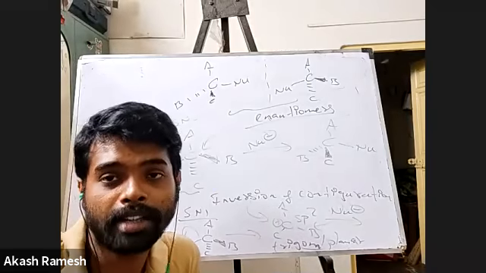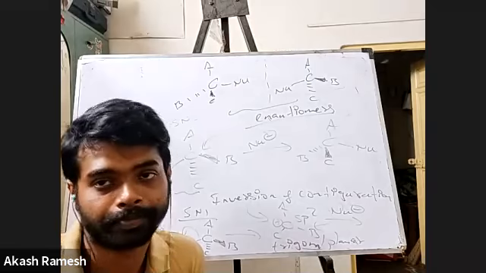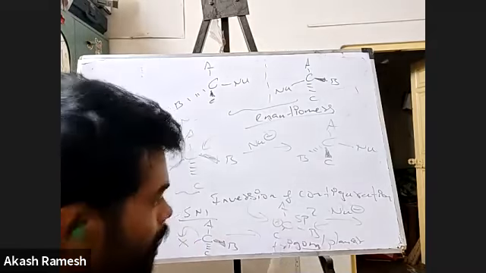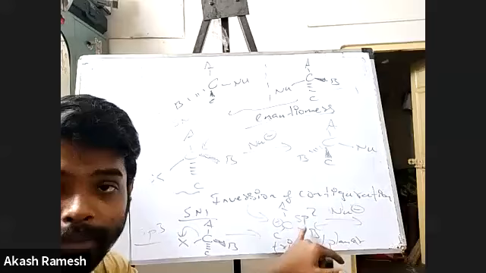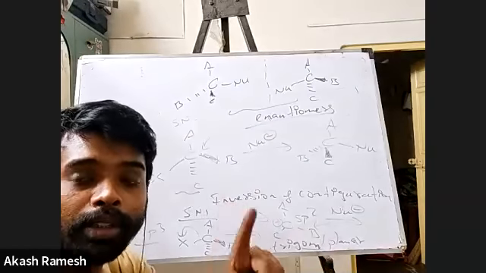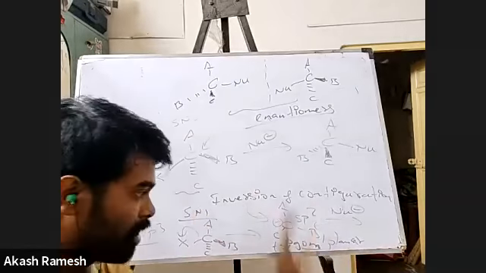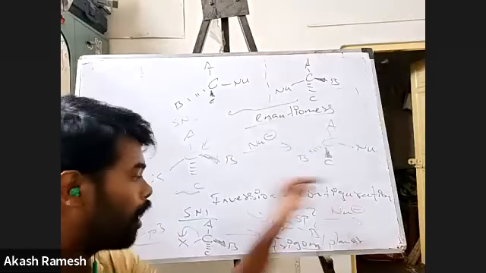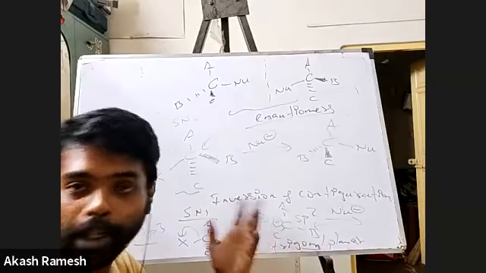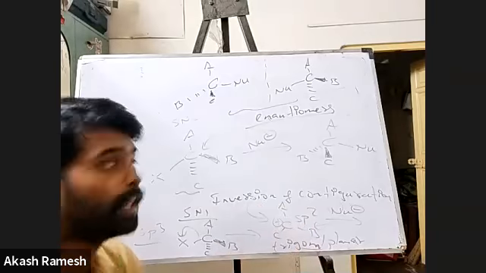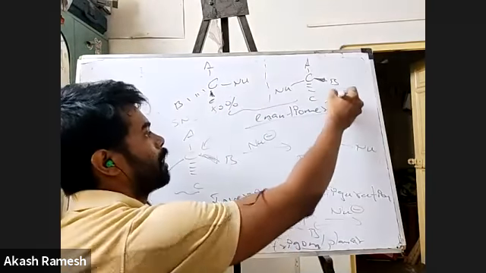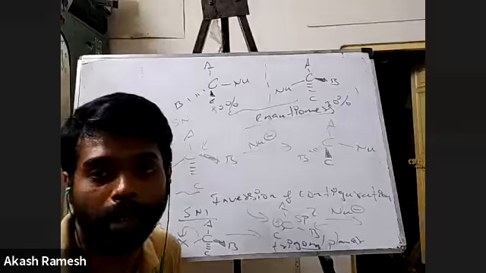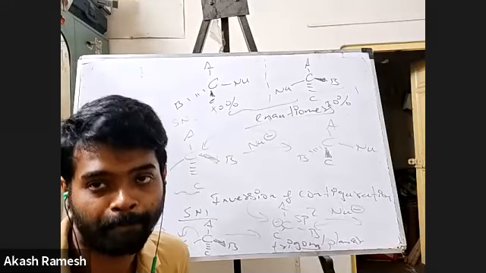Those are called enantiomers. Now, the nucleophile can attack from this side or from that side, both with equal probability. There is no restriction that it has to come from one side only, so both will be formed in 50-50% amounts. Equal amounts of these two enantiomers will be formed.